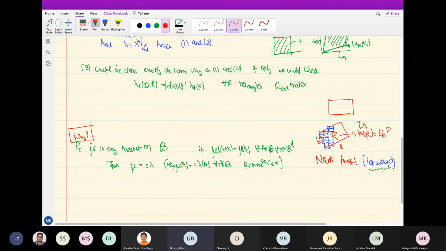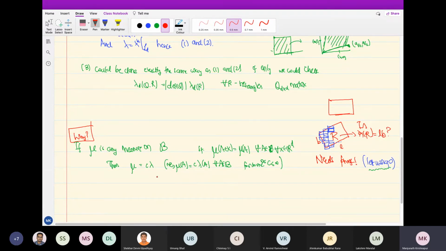Sir, what is a pi system? Okay, forget pi system. Suppose mu and lambda agree on the algebra generated by these rectangles. Then they have to agree on the sigma algebra generated by them, namely the Borel sigma algebra. Right? That is what we showed: if two measures agree on an algebra that generates the sigma algebra, then they agree. No, but what is a pi system? You've been using this term. Yeah, that is another thing. So here in the class, I only introduced algebra and monotone class. But one could equally well use some other classes of sets.